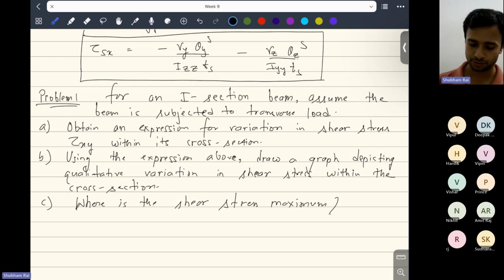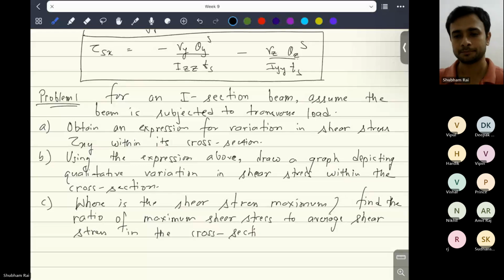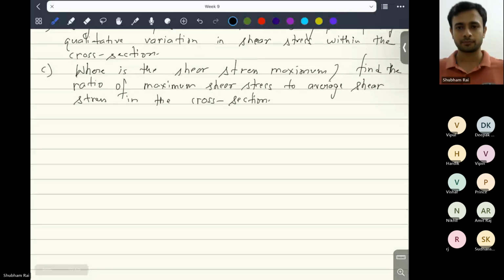From this qualitative analysis, you will be able to see where the shear stress is maximum, and you have to find the ratio of maximum shear stress to average shear stress in the cross section. So this is the question.